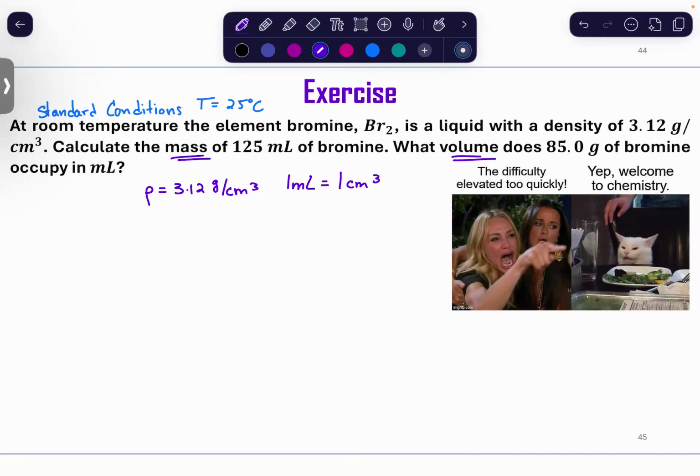Let's see. For part one, I'm going to say my volume for part one is 125 milliliters or 125 cubic centimeters since they're interchangeable. I'm going to leave that as my list because I'm just going to work on part one.